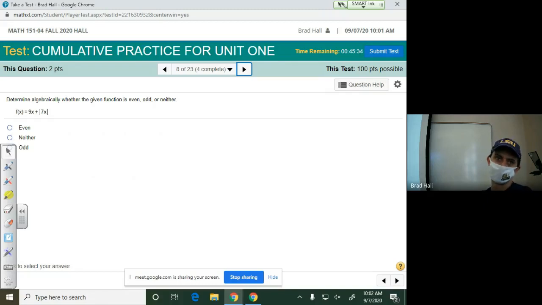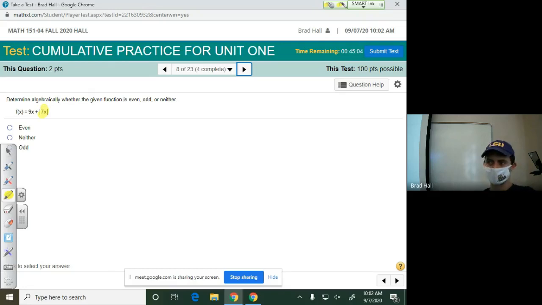If all the exponents were even, guess what? There's a good chance you have an even function. But an absolute value, what is that? Because this absolute value here has an exponent of 1, just 7x. But it's even. It is an even function by chance.